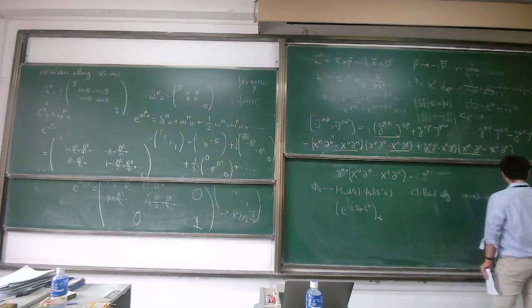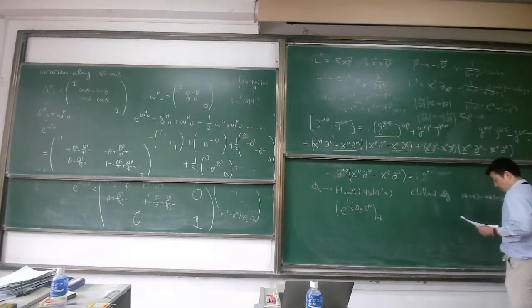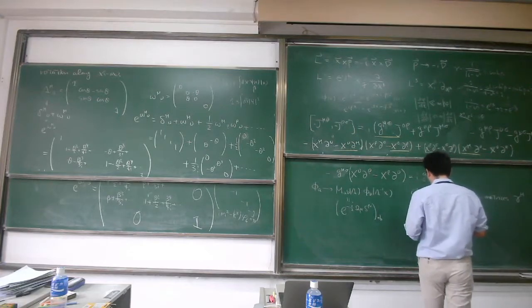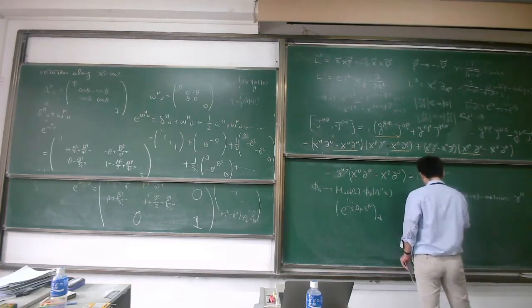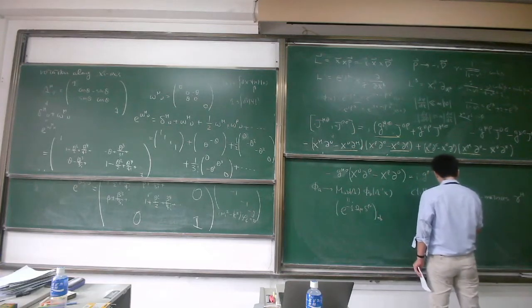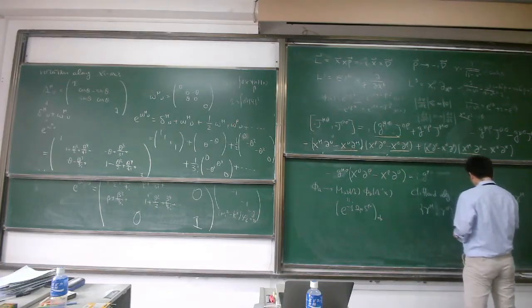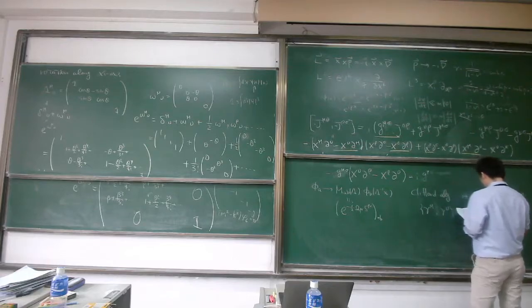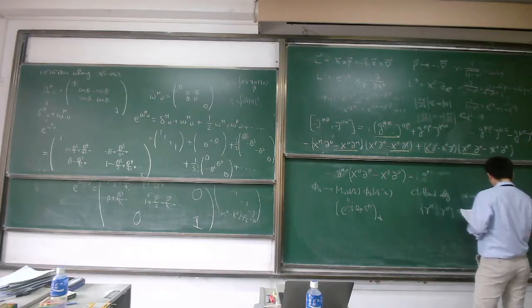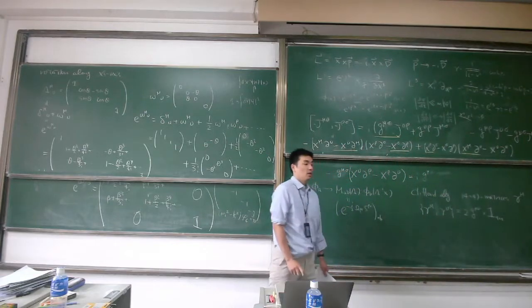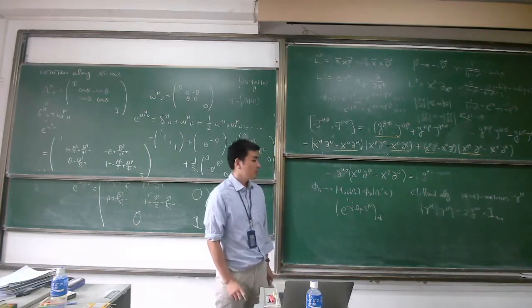Matrices gamma mu, where mu runs from 0 to 3, and then we satisfy the following relation: gamma mu, if you take an anti-commutator, you have 2 times eta mu nu times 1, and this is 4x4. That's what I want. Do you understand?